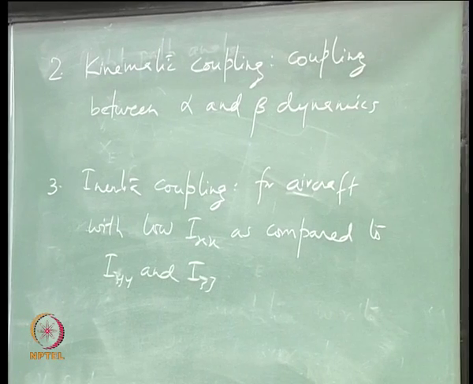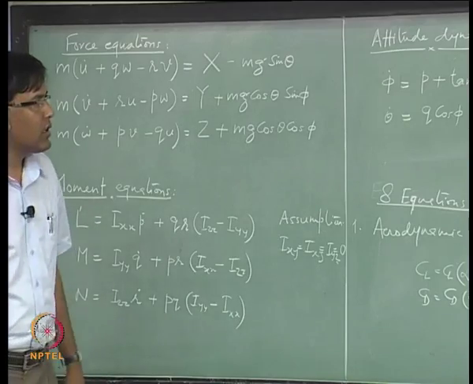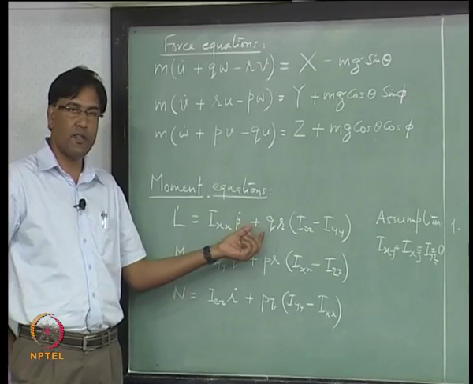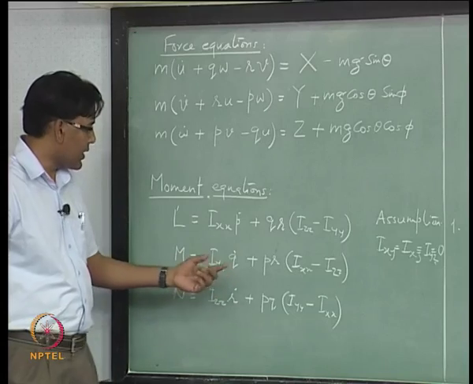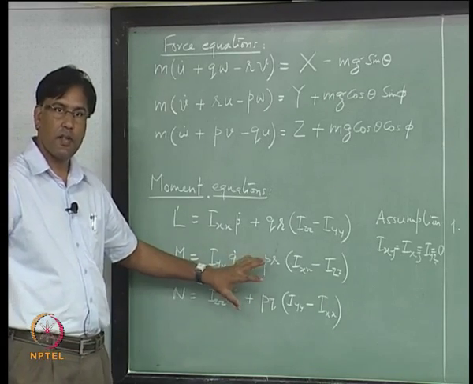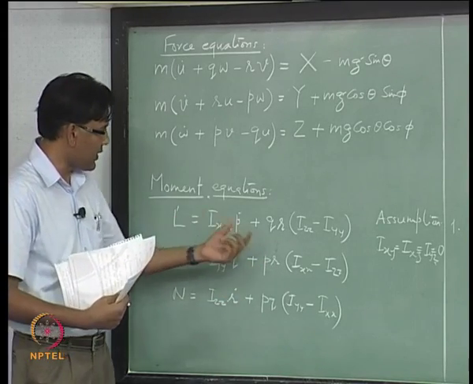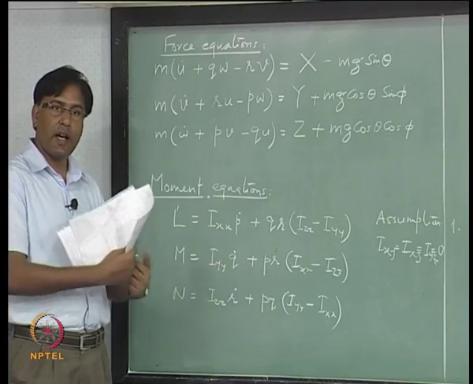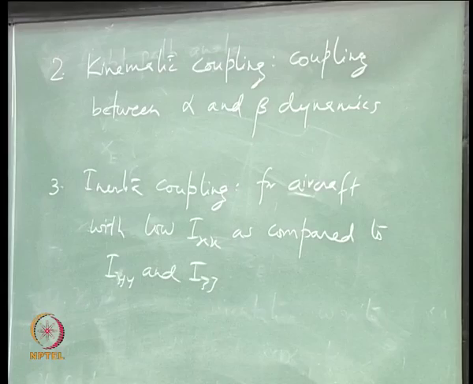So, what happens here is, because of this low Ixx, for a significantly higher value of the roll rate, Q and R start getting strongly coupled. So, you have a roll rate which is going to affect the pitch rate and yaw rate, and they are affecting each other, right.